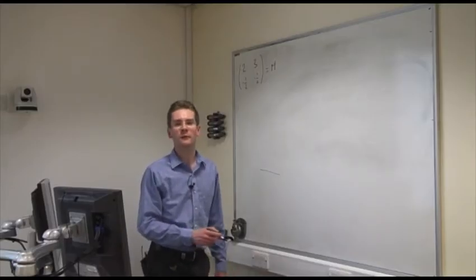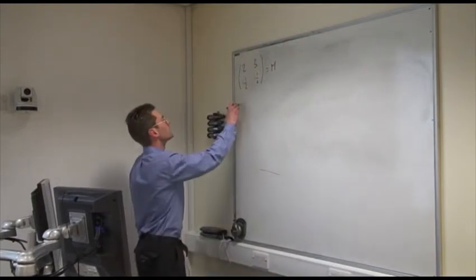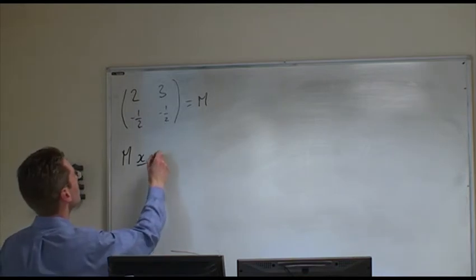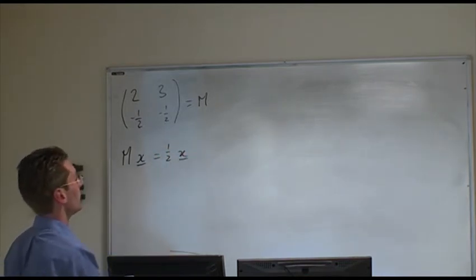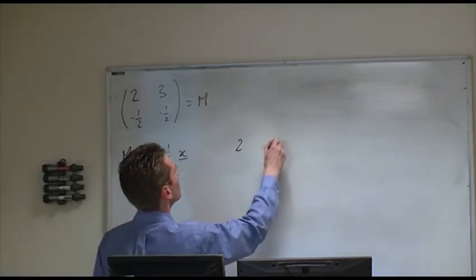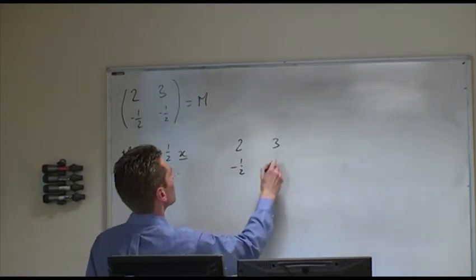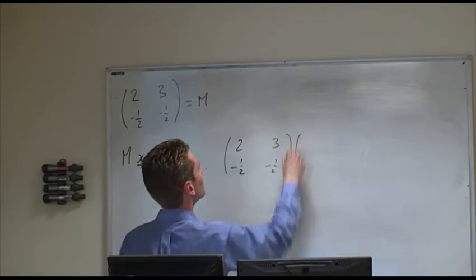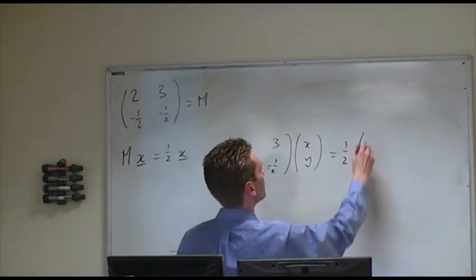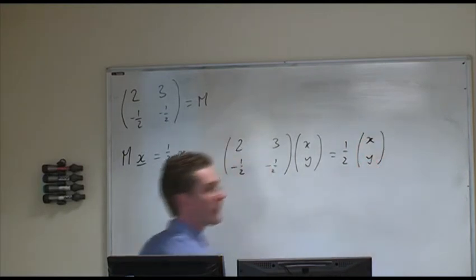My other eigenvalue was 1/2, so to find its eigenvectors, we need to solve the matrix equation Mx equals 1/2 times x. So let's write this out. 2, 3, minus 1/2, minus 1/2 times (x, y) is equal to 1/2 (x, y).